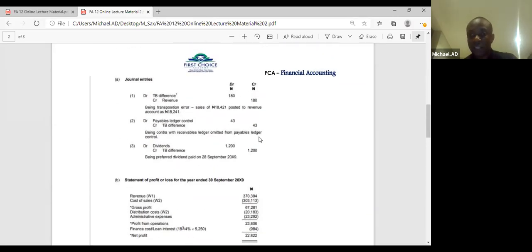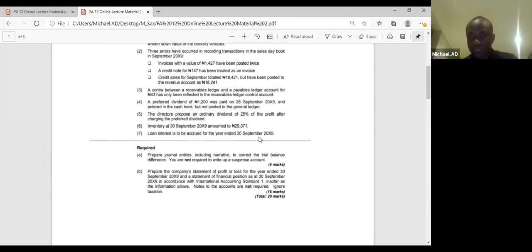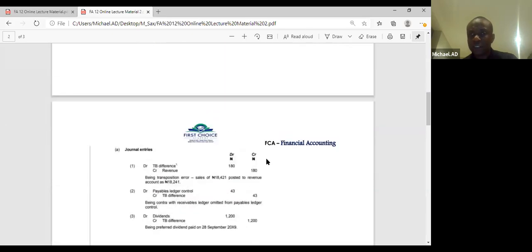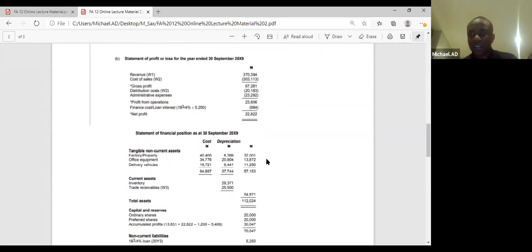So what is our finance cost here? The question says that loan interest is to be accrued for the year end 30th September 2023. 18.75% of loan repayable, of how much? 5,250. Is that the actual amount?